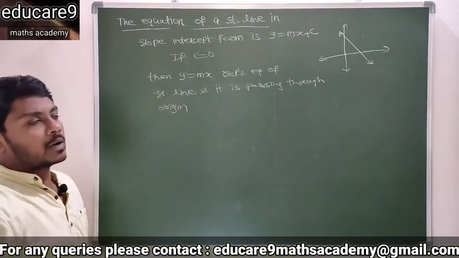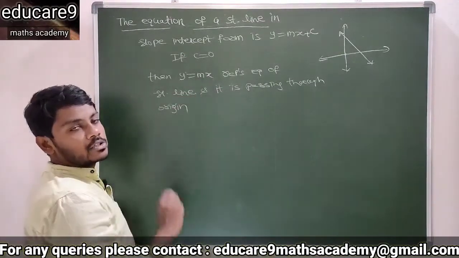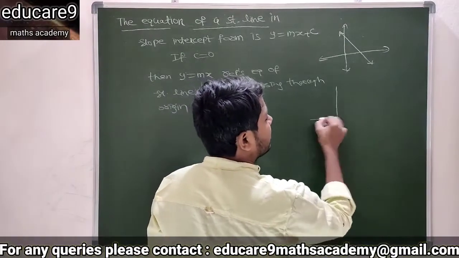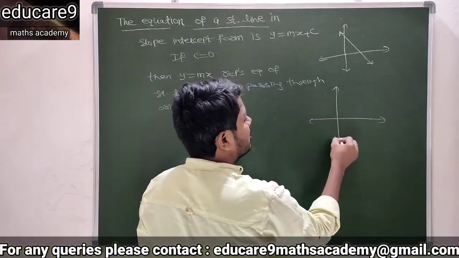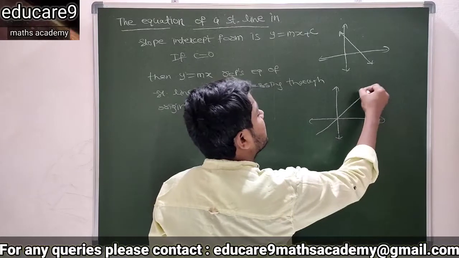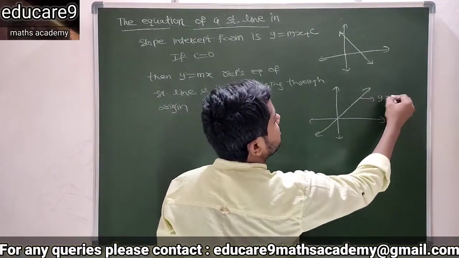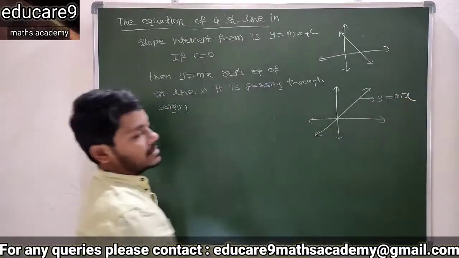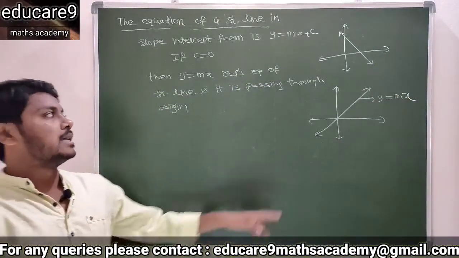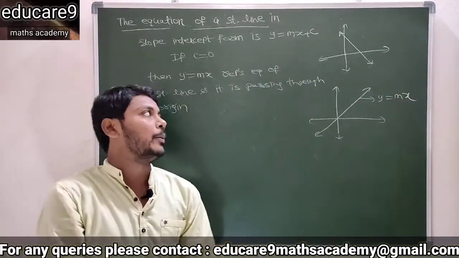Put x equal to 0, you will get y equal to 0. Therefore the required straight line passes through the origin, and its equation is y is equal to mx. In that case the y intercept is 0.